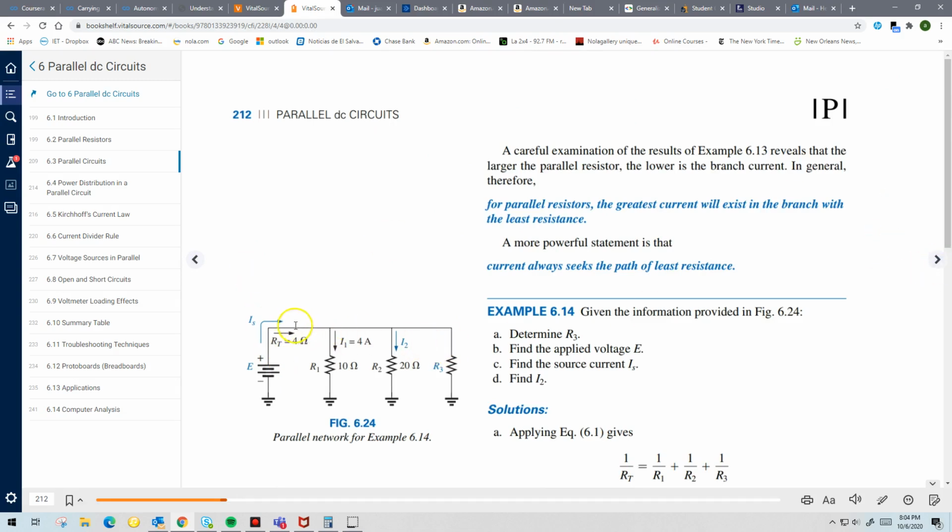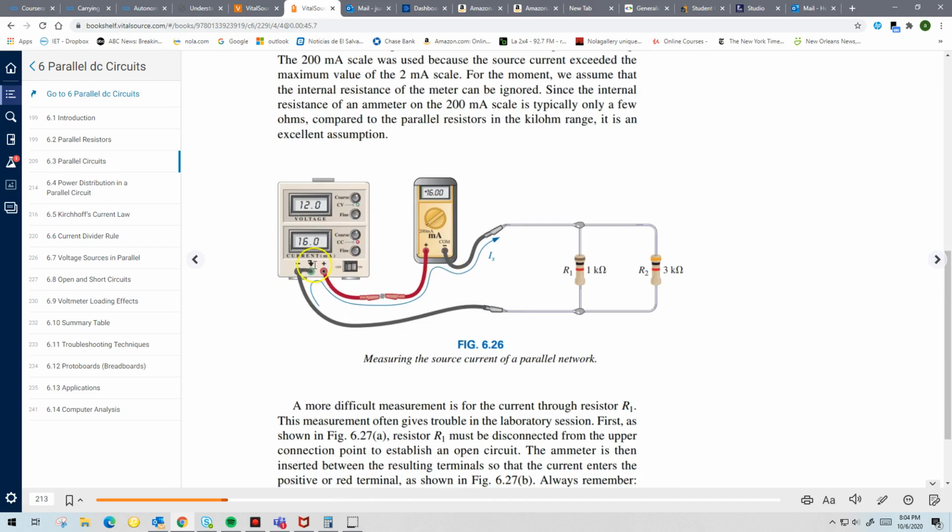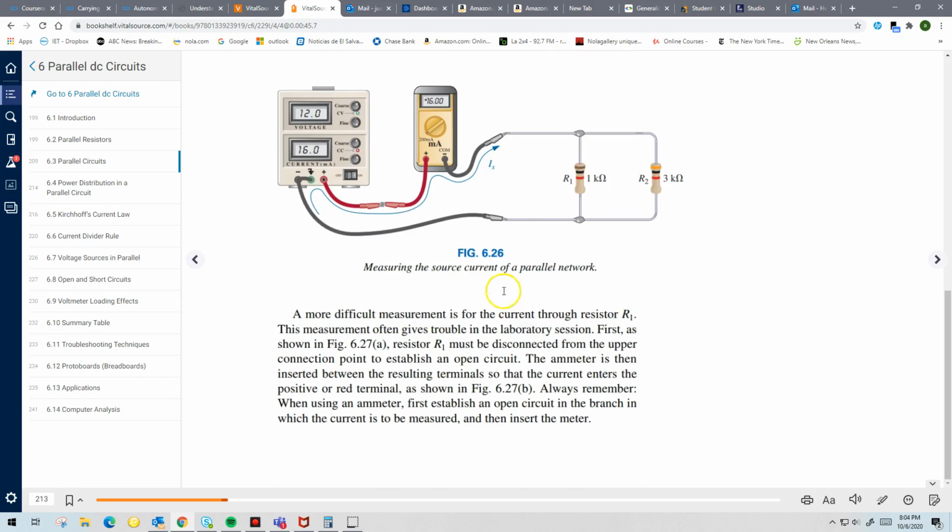You will put the meter right around here in series to measure the current. And that's what they've done here. To measure the current, they put it in between the voltage source and one of the connecting points. So it's important you understand that too, for the lab portion as well.